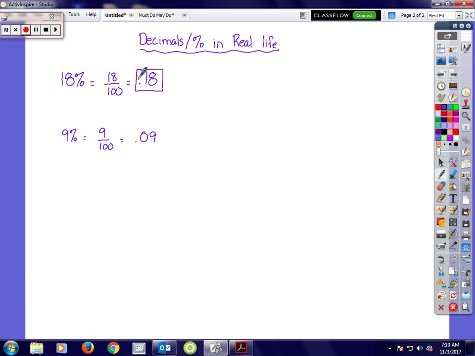So let's say my bill at Miguel's is $32.41, and I want to tip my server 18%. So I'm going to multiply by that 18% to find out what the amount is that I need to tip.